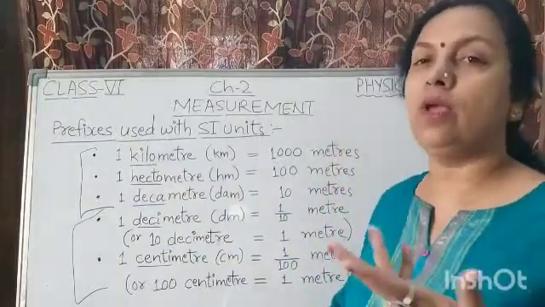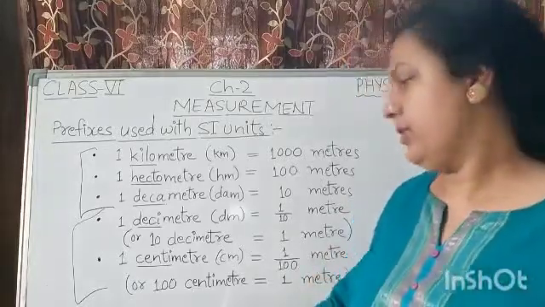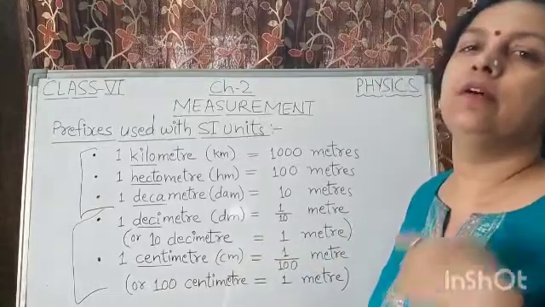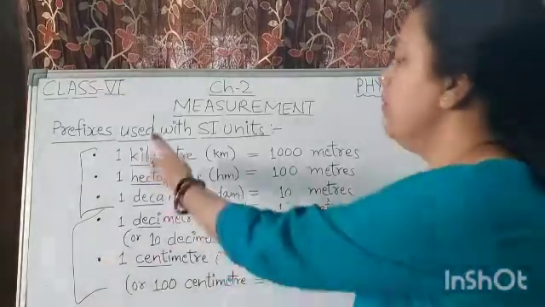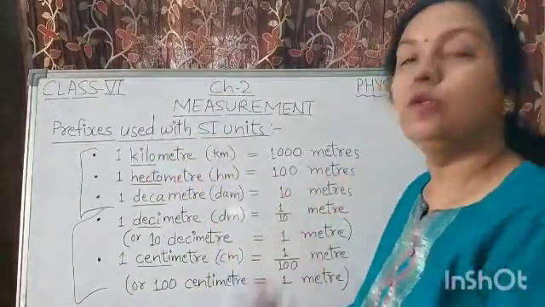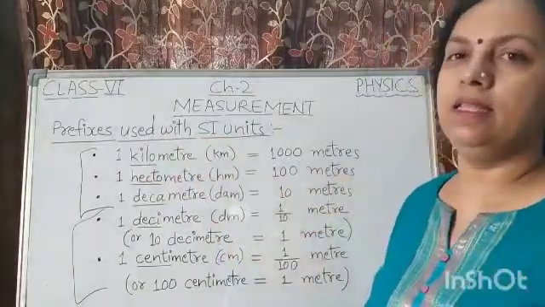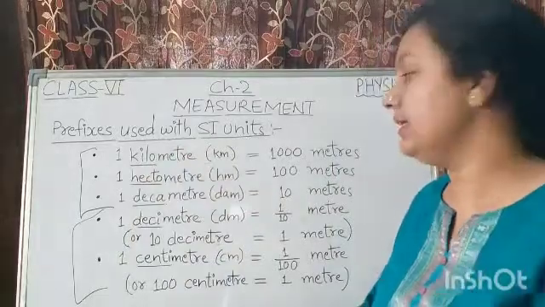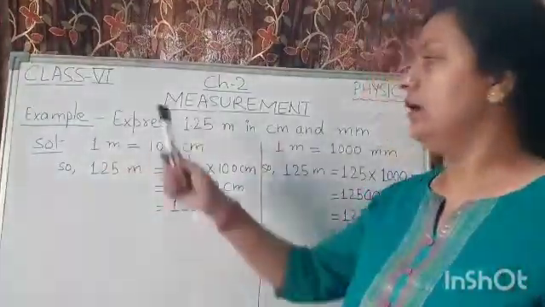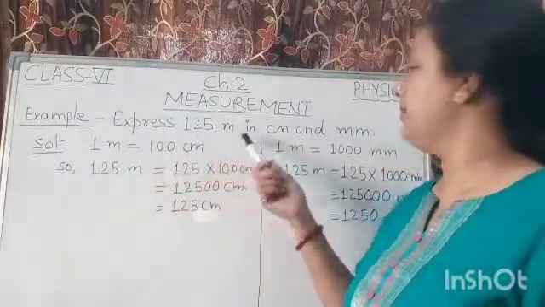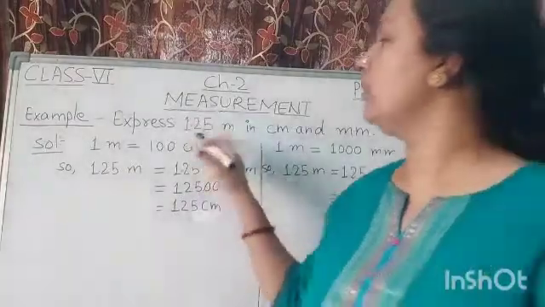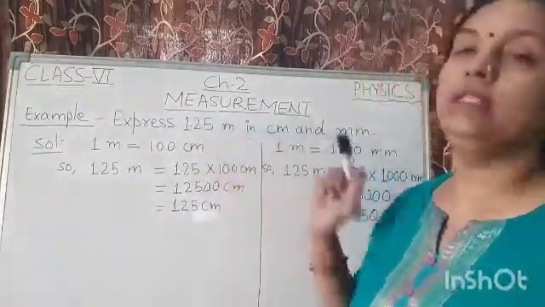Means if we have to express it in centimeter, we need to know how many centimeters there are in 1 meter. Similarly, we know the values of kilometer, hectometer, and so on. So we can express any length as per our convenience in any unit. Now children, here is a simple example to express 1.25 meter in centimeter and millimeter. First, we have to convert 1.25 meter into centimeter.